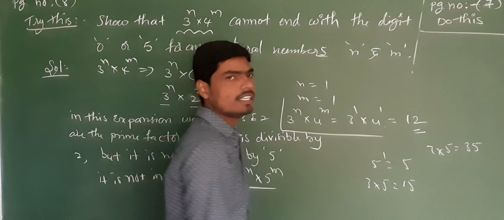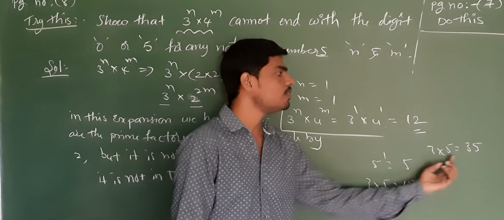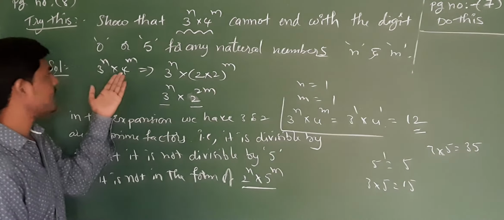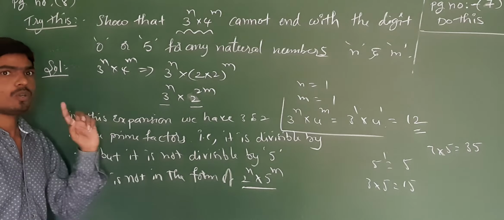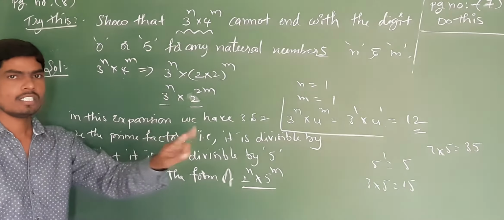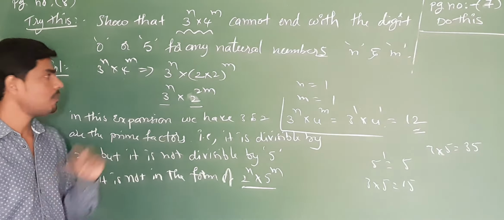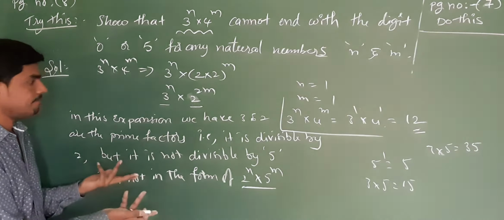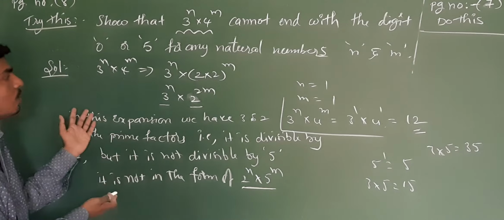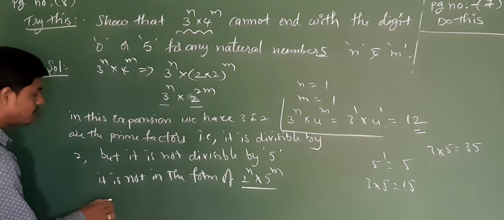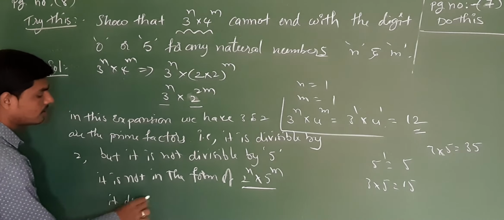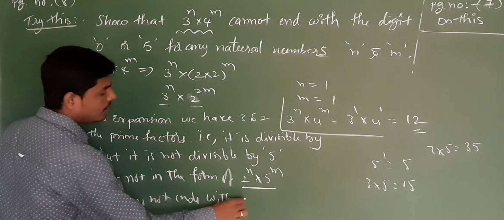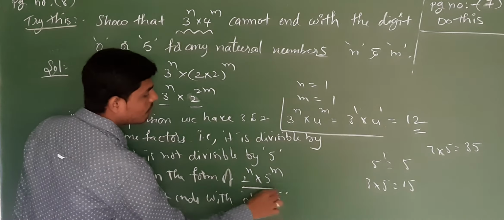So like that, if we have at least one 5, you have a chance to get 5 in its place. So there is no 5 here and there is no 2 here. If 2 and 5 both are present, you will get 0. If only 5 is present, you have a chance to get 5. There is no 2 and 5 here. So it does not end with 0 or 5.